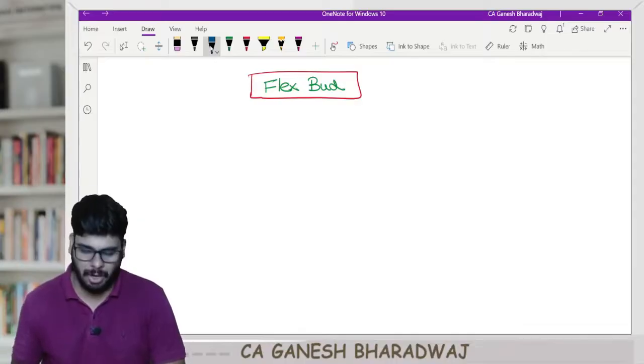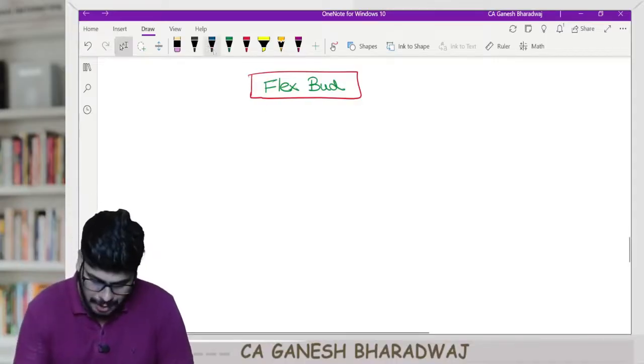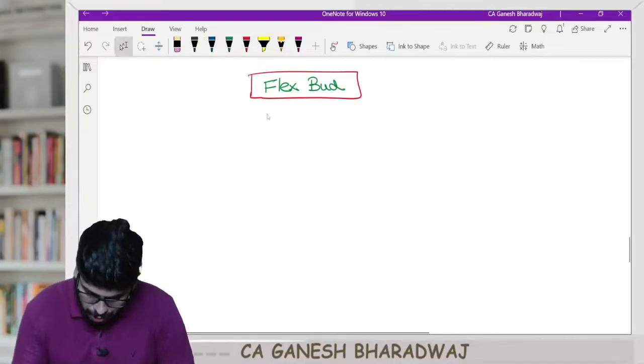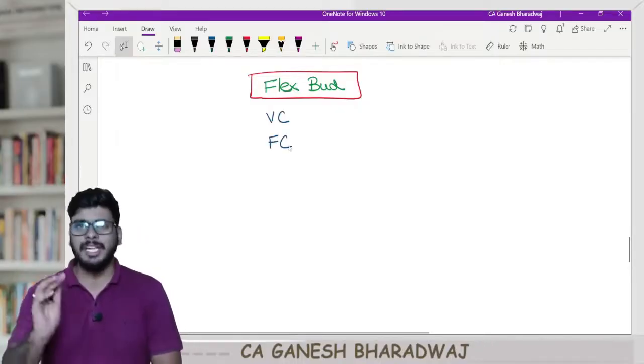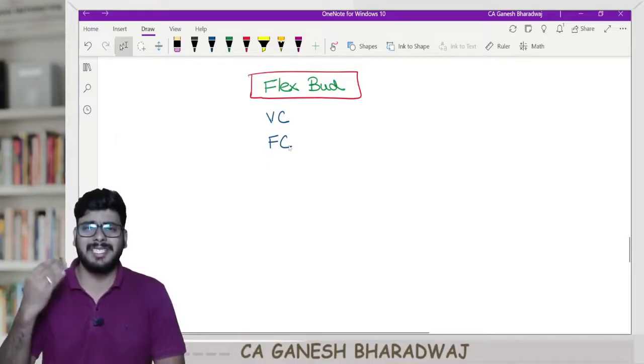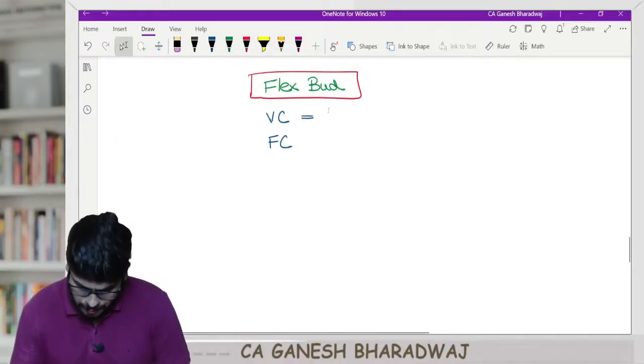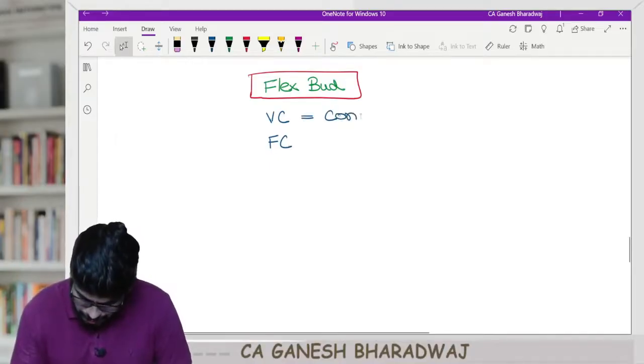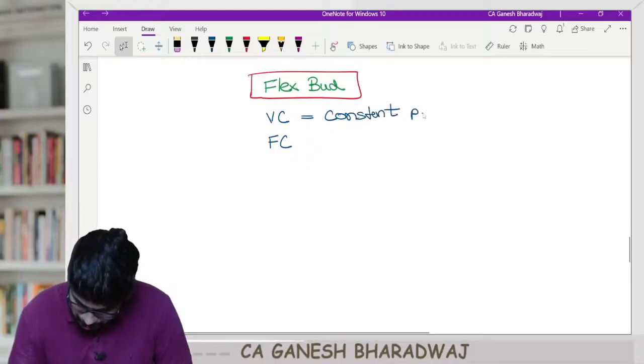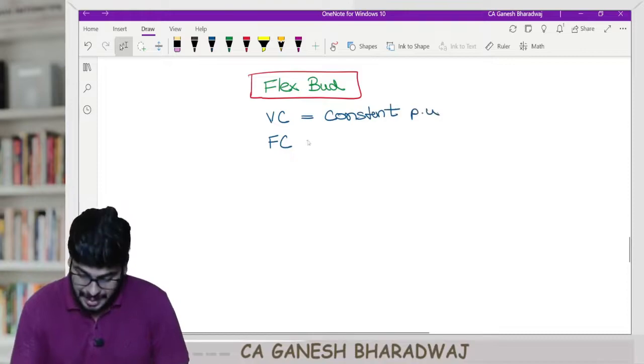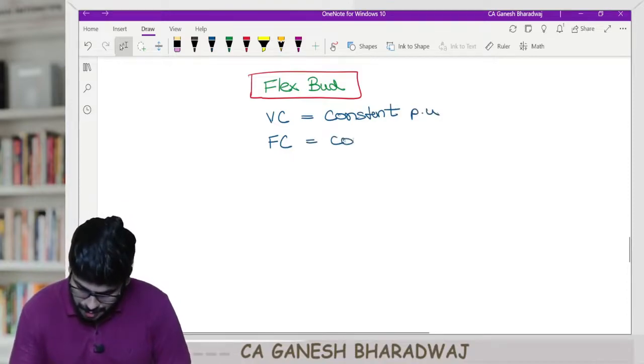So when I say cost behavior pattern, we are talking about your variable cost and fixed cost. Now, guys, you tell me, what is the nature of variable cost? Variable cost remains constant on a per unit level, whereas fixed cost remains constant in total. Correct?